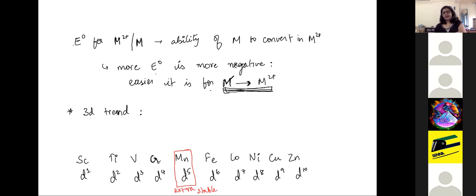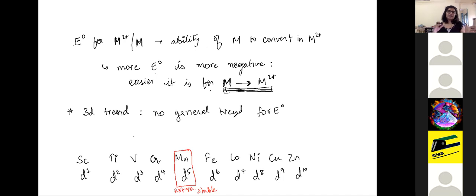So when the ion is being formed, another important factor you need to consider is the enthalpy of hydration as well. Considering both factors, what is observed is that in the 3d series, there is no general trend as such for the E naught values, for the standard electrode potentials.